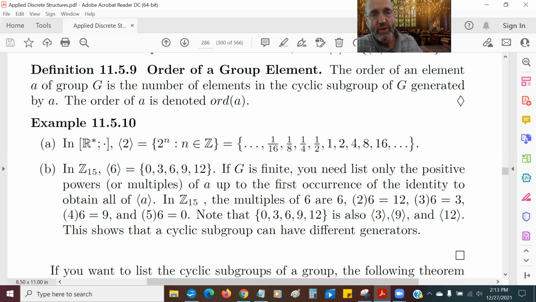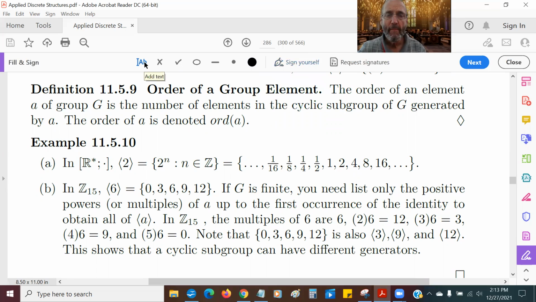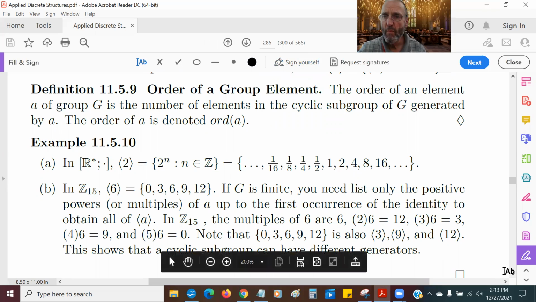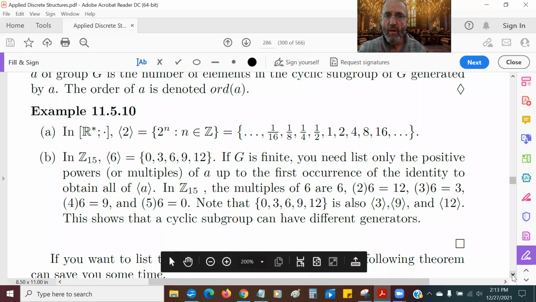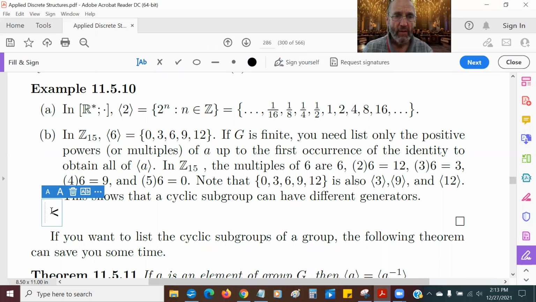But I also wanted to make a point. Suppose I want to look at 5 in this.